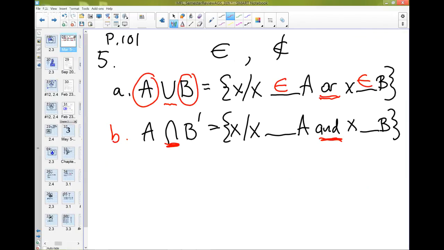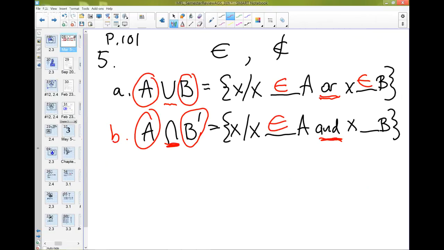Union goes to or, intersection goes to and. In the first part, we want everything in A. What does B complement say?